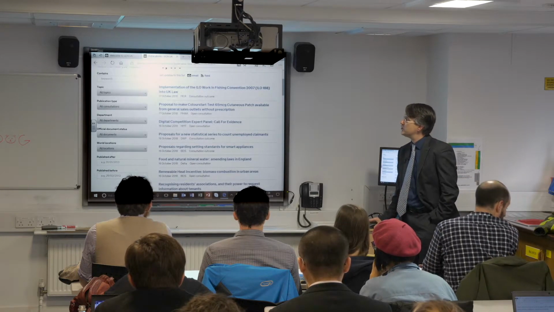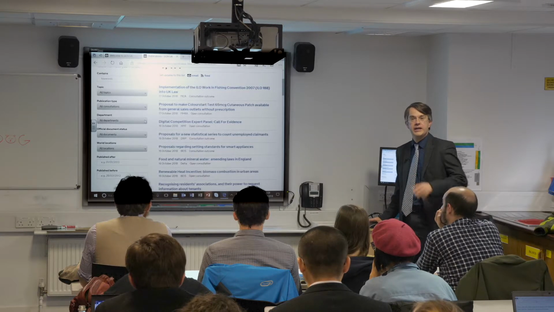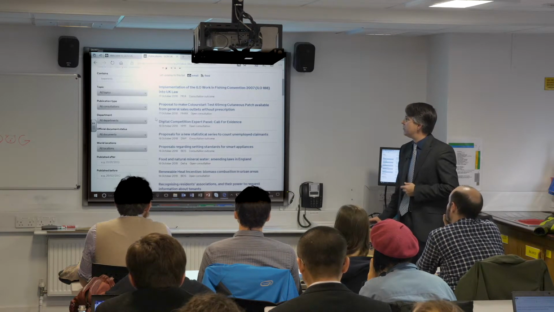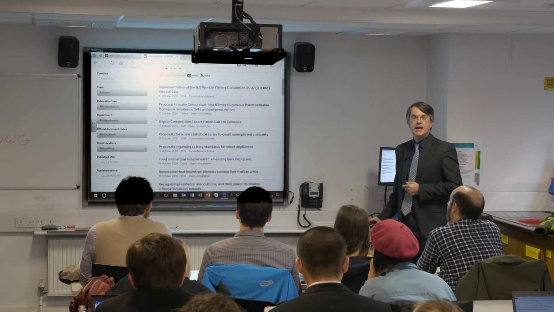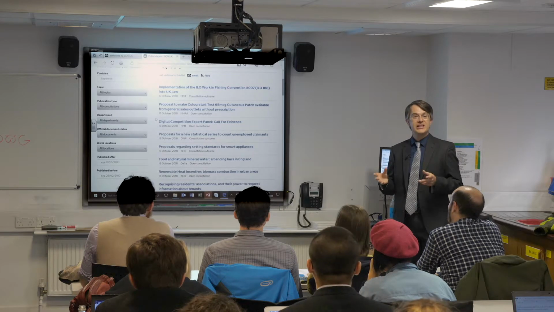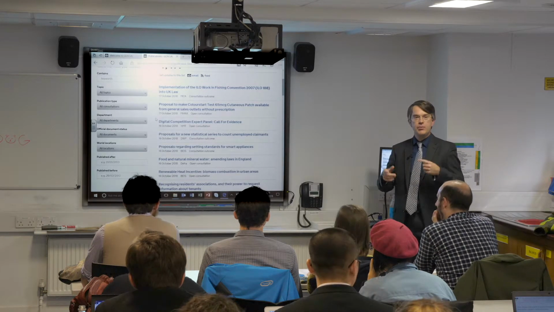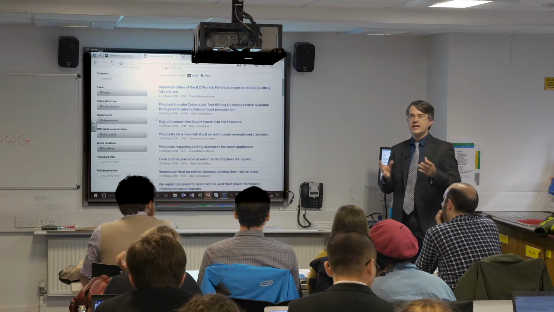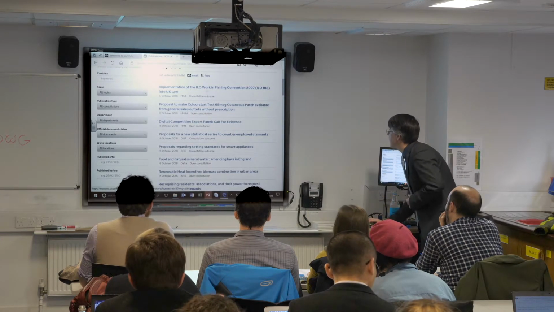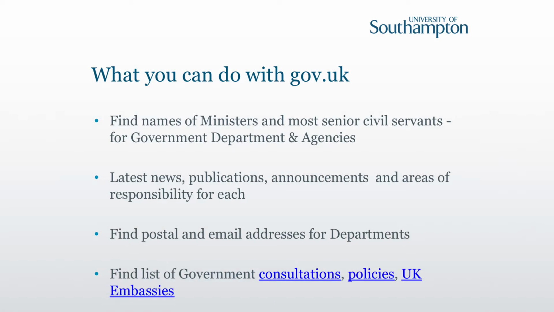And you can then search by keyword. You can search by different government departments. So you can see what's going on in your area. And as I said, this part of the government's website is actually quite good. And with a little bit of practice and navigation, you can see the kind of things that would be useful. So I'm just going to go out of that for now.